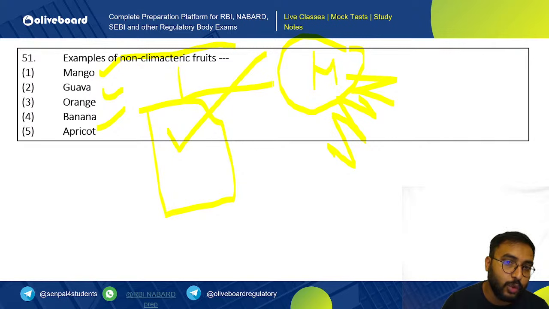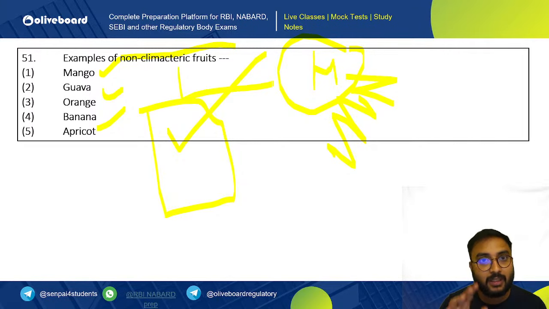A non-climacteric fruit is one which, even if you pluck, cut or harvest it from the tree, will not ripen; it will remain unripe. For example, pluck a mango from the branch and it still ripens, but if you pluck grapes and keep them on your table for 10-20 days, they will rot but not ripen.